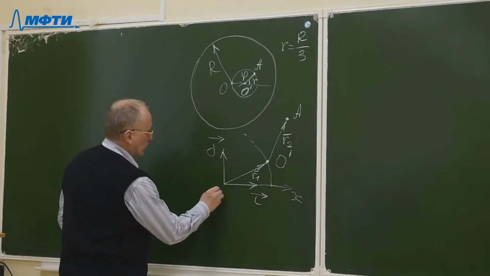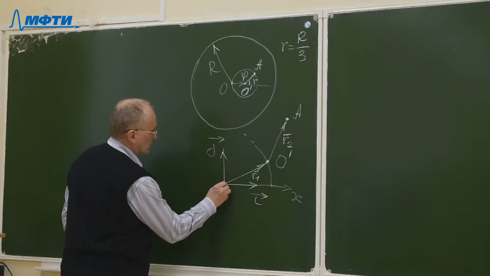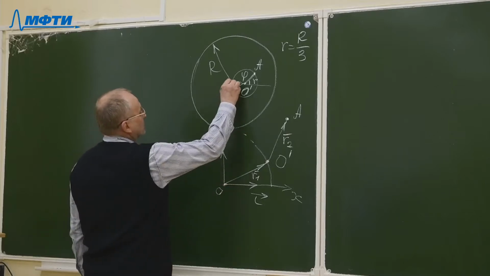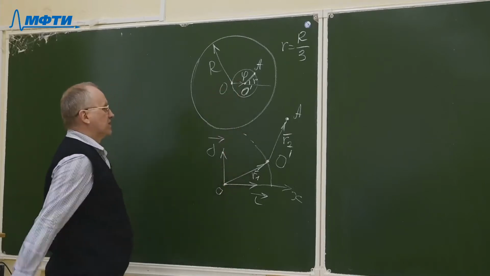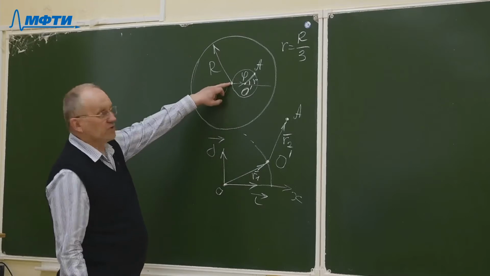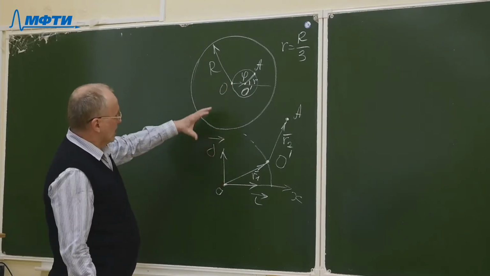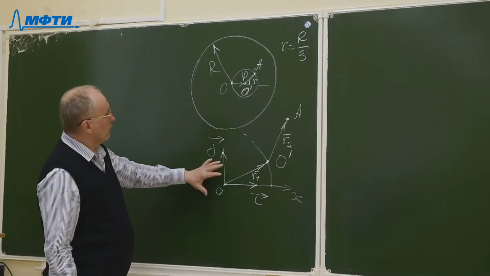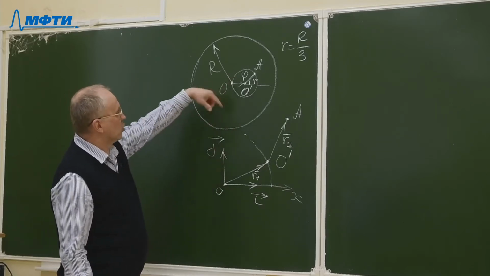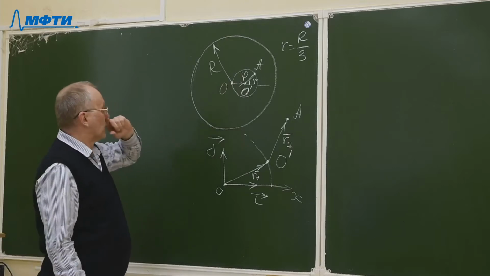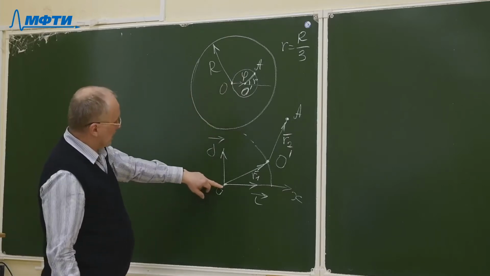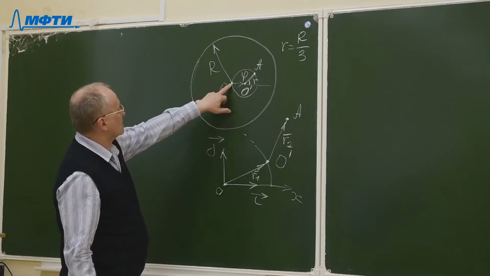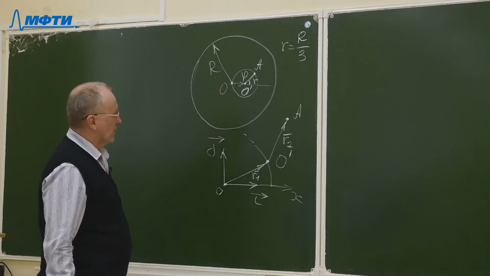And this point O, the origin of coordinate system, let it coincide with the axis O of the large disk. So this point and this point is the same point. I have drawn this axis separately in order not to overcomplicate this picture. So this point O actually coincides with this axis O of rotation.